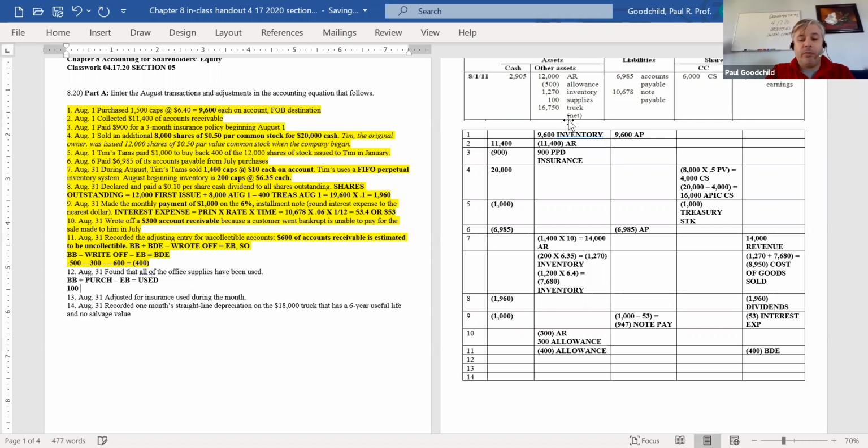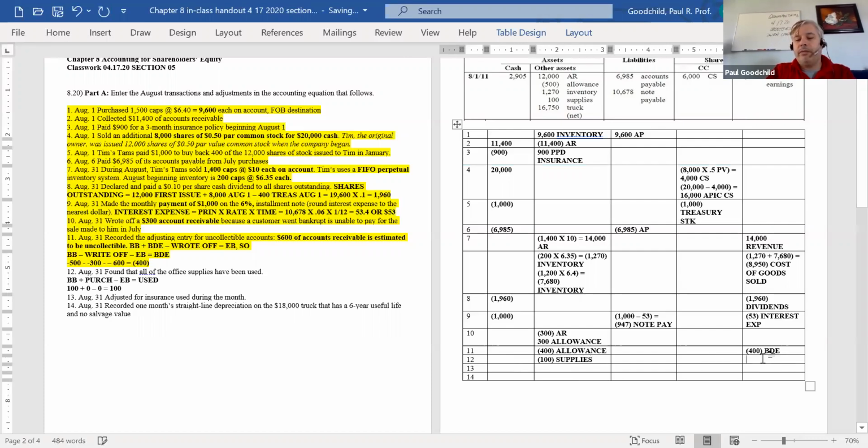We don't have any purchases, and our ending balance is 0. And so what we've used is 100. So we have to reduce our supplies by 100. And we have supplies expense of 100.